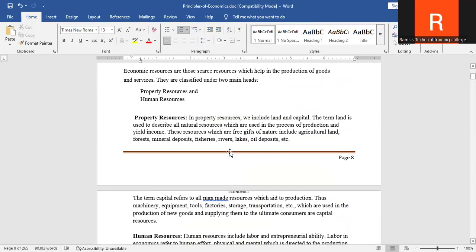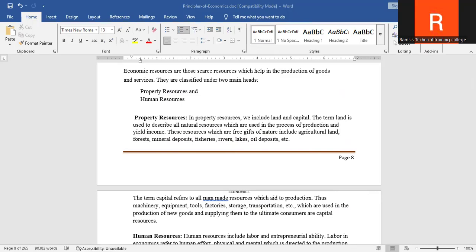These resources, which are free gifts of nature, include agricultural land, forests, mineral deposits, fisheries, and so on. They are basically fixed, and most of the time we refer to them as fixed assets. They are held in trust by the government for the citizens, and include forests, rivers, mountain minerals, and lakes.